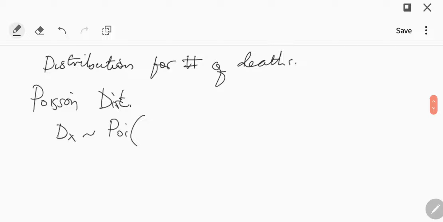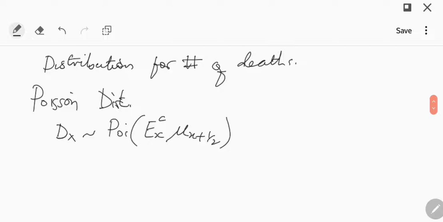The lambda here I'm taking is the total exposed to risk for this age x, multiplied by mu x plus 1/2.